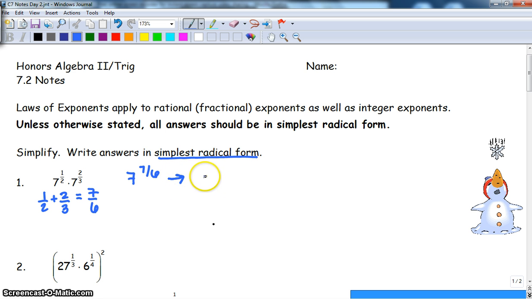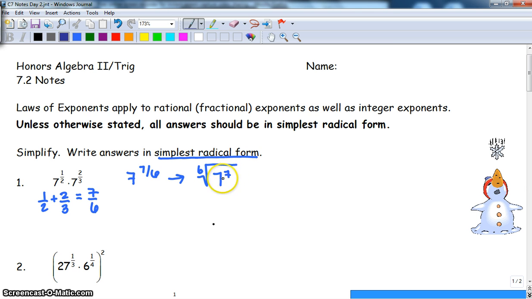We're going to convert this to a root. Remember, the denominator is your index. But now, remember, if your exponent is larger than your index, that means that we can still simplify. So this 6 means that you need a group of 6 in order for your 7 to come out.